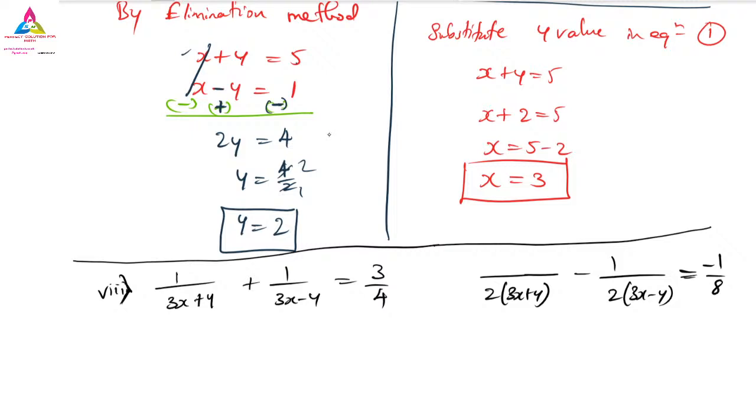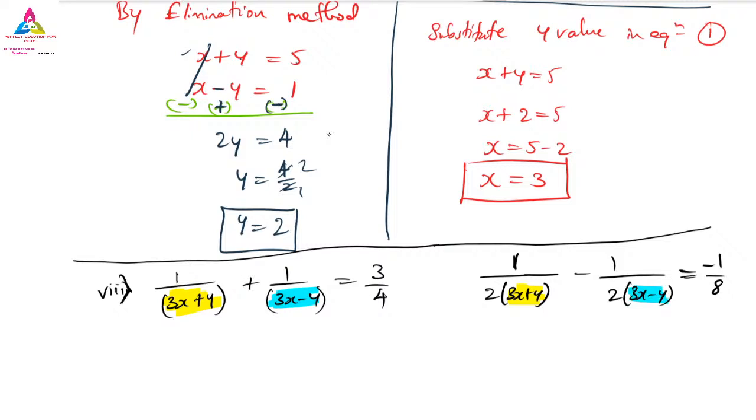When you are checking that 8th question, just go through it and see which things are equal here. On the first side we have this one and this one is equal, not these two. And in the second part, you can see 3x minus y and here 3x minus y are equal.